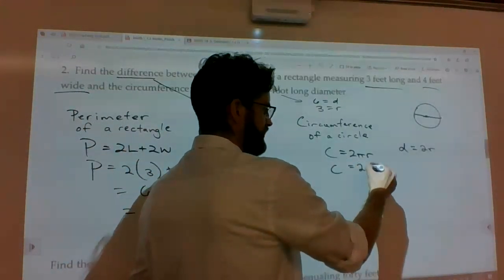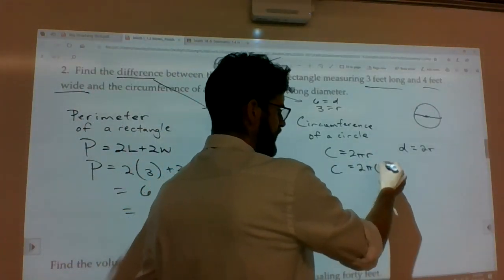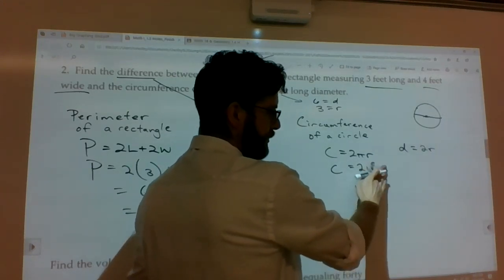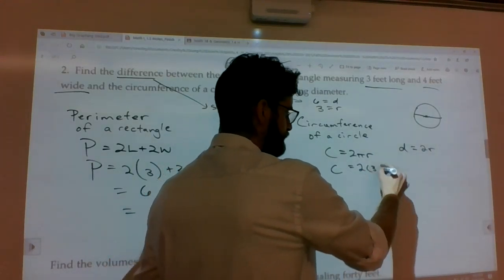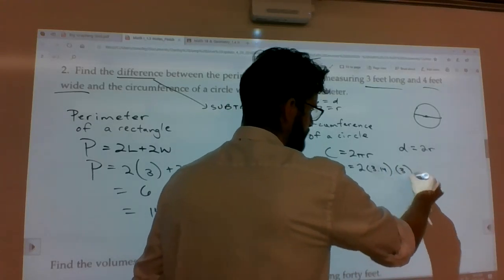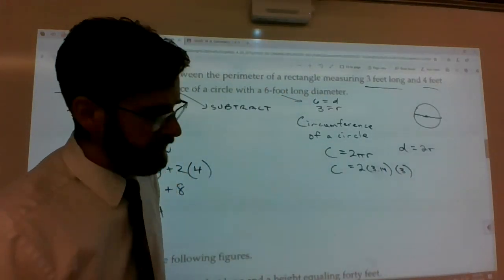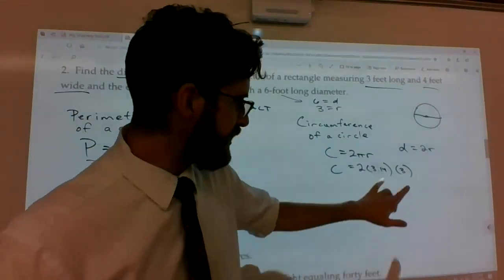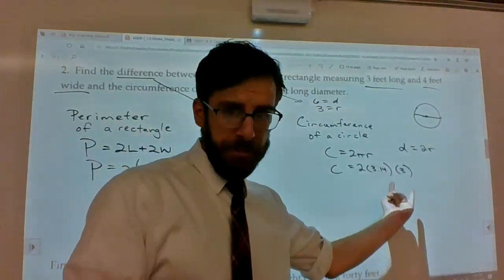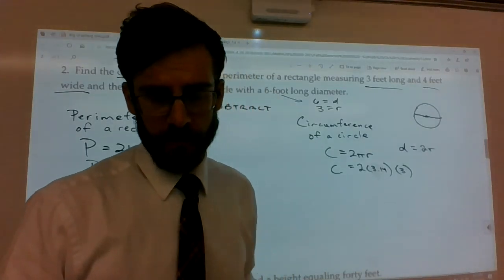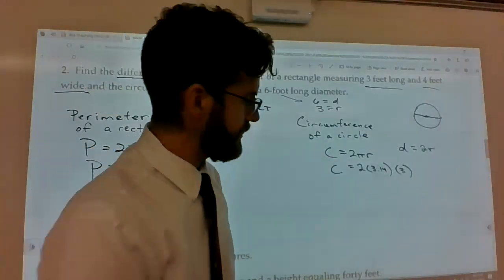So the circumference is just going to be 2 times, well, I'm going to take out pi and put 3.14. And then multiply that by 3. Now it makes a heck of a lot more sense if I can, using the commutative property, flip the 3 and the 3.14 to say 2 times 3 is 6.